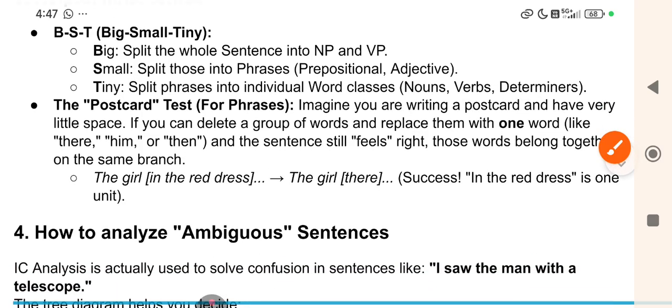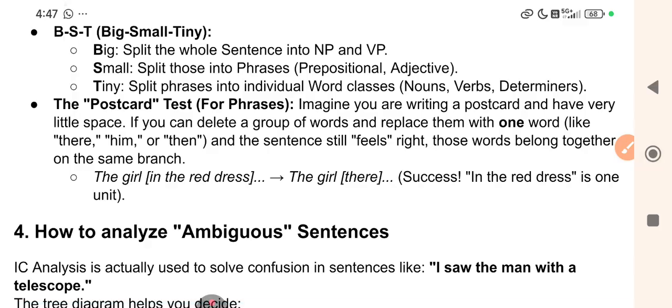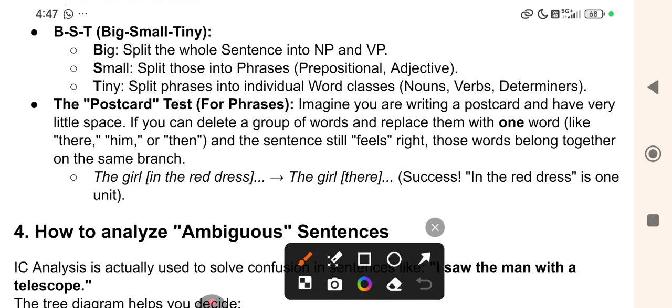Now, mnemonics, they suggested BST, or big, small, tiny. What is this? Big is to split the whole sentence into noun phrase and verb phrase.